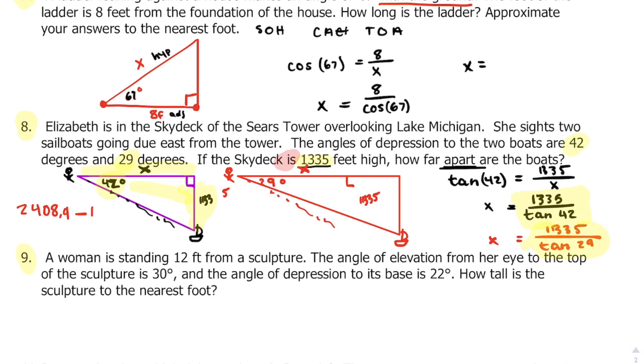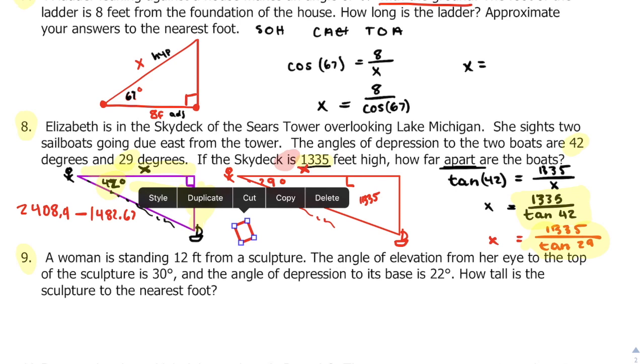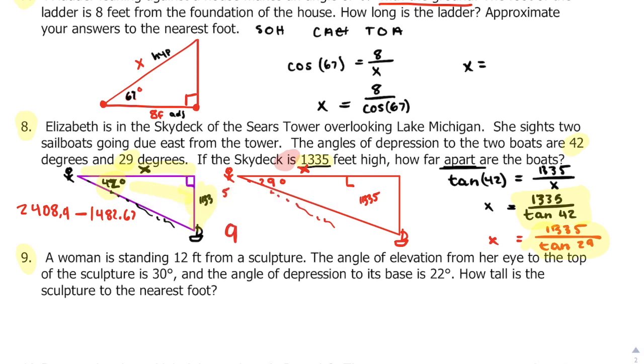The other one is 1,482.67 feet away from the tower. When you subtract those, you find how many feet apart the boats are. So we subtract that, and then we get 925.74 feet apart.